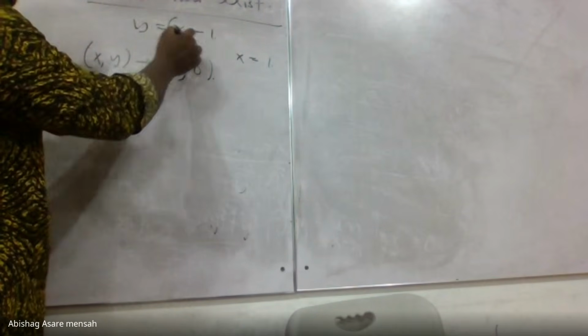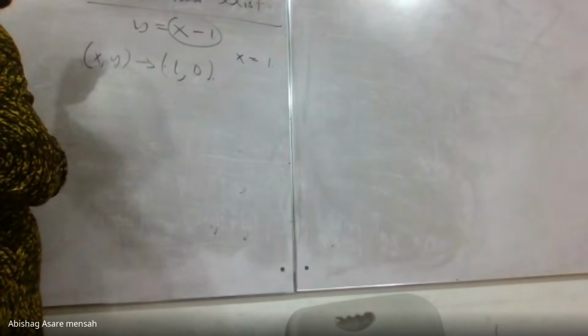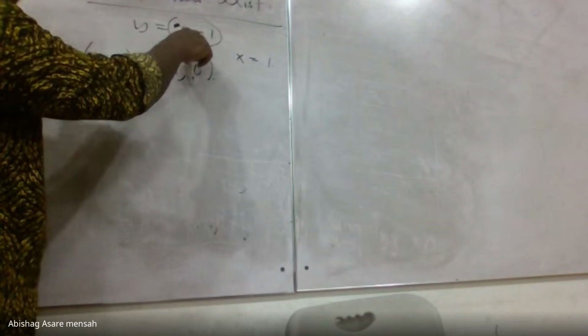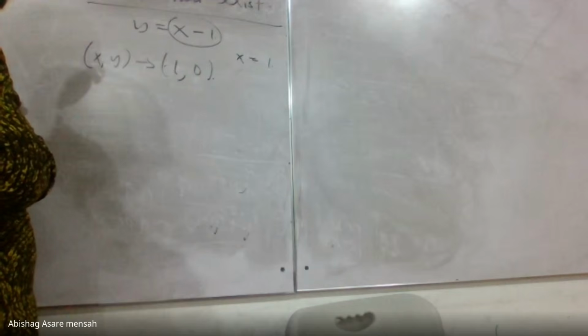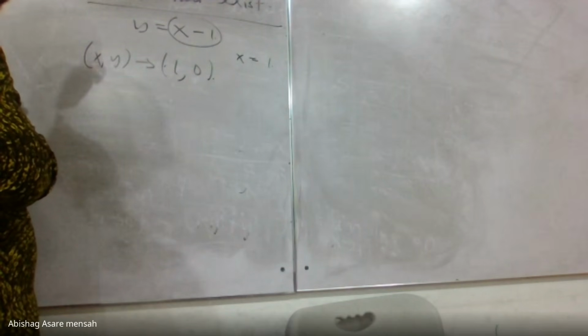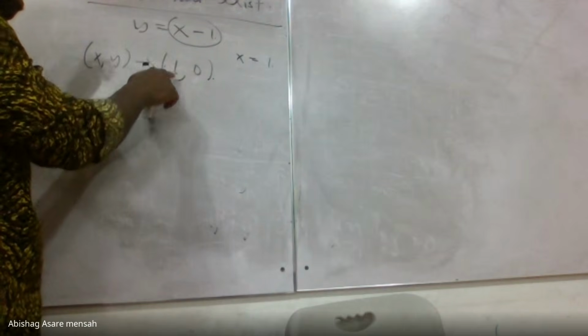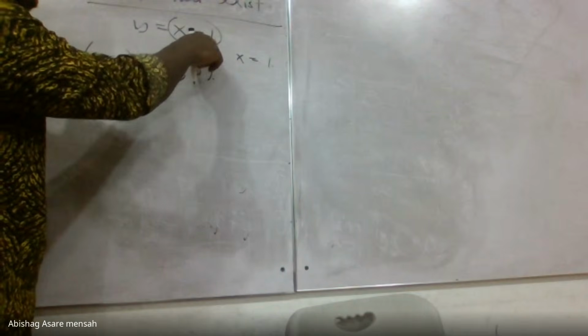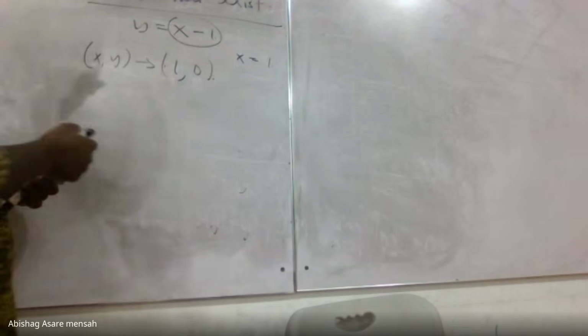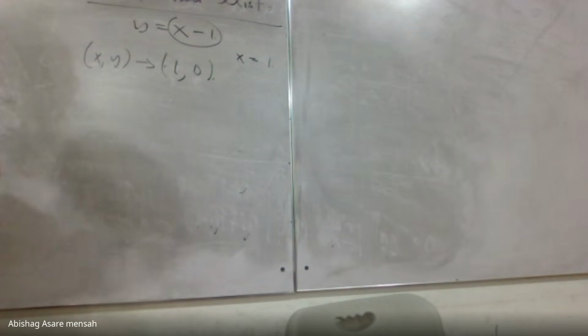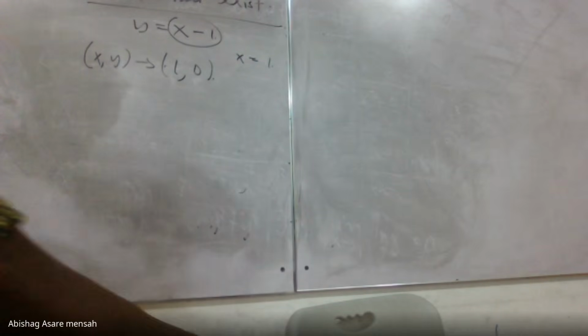So this relation will help us to get this one. But if x is 1, we subtract 1 from it to get 0. Are you getting the point? Yes, please. If x is 1, to get 0, we have to subtract 1 from it. But now we are setting y equals to x to get this limit.